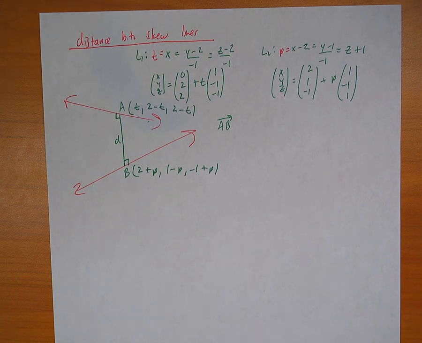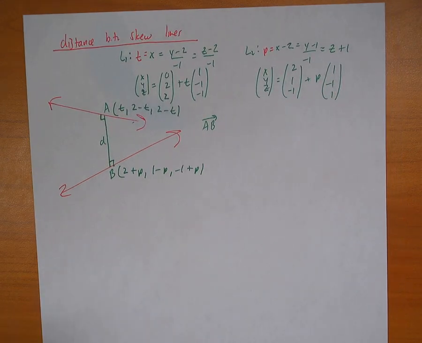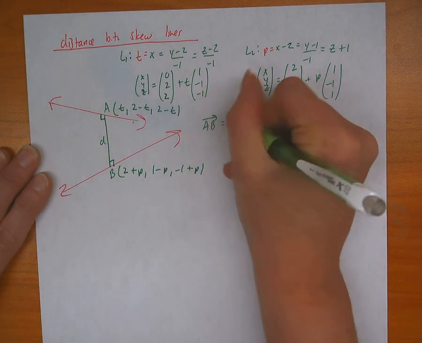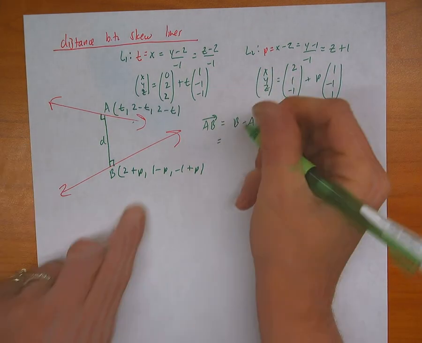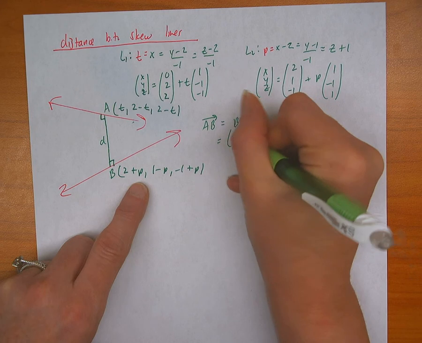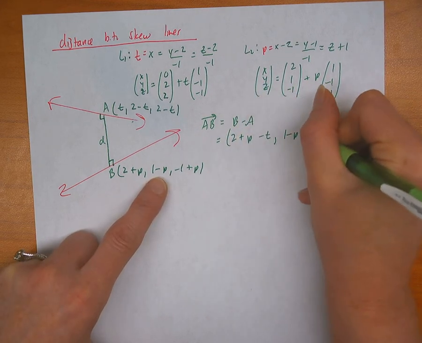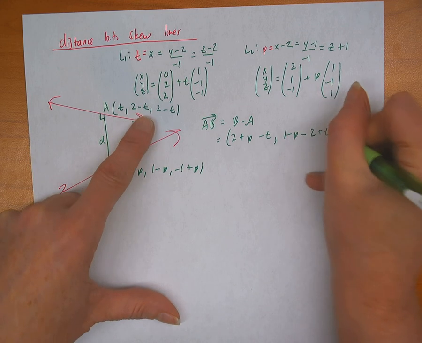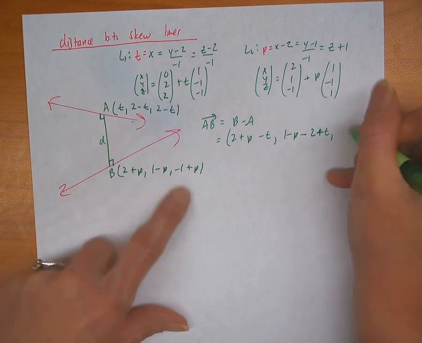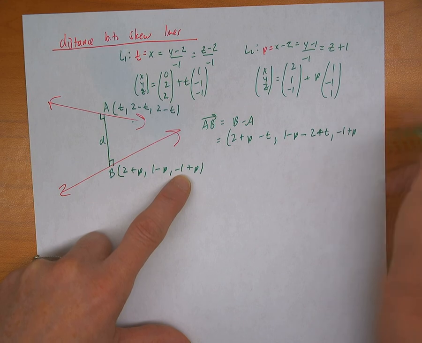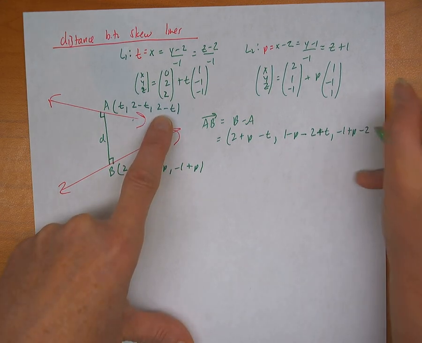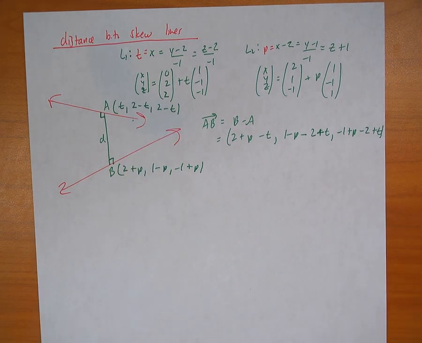So if I wanted to come up with a vector for AB, I would simply subtract B minus A. We've done that before. So I'm going to get 2 plus p minus t, 1 minus p minus 2 plus t, if I distribute my negative, and negative 1 plus p minus 2 plus t. Again, distributing the negative.